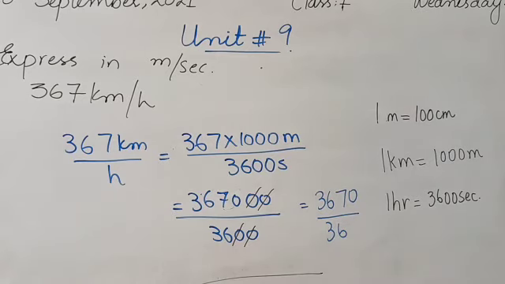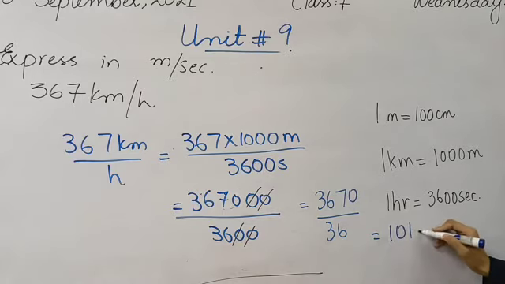So now divide these two and then tell me the answer. When we divide these two, we will get 101.9 something meter per second. Now this is in meter per second.